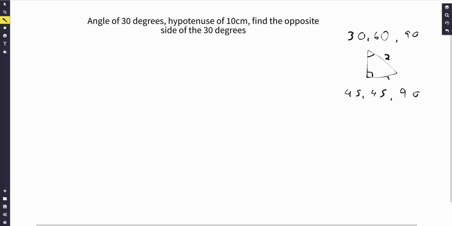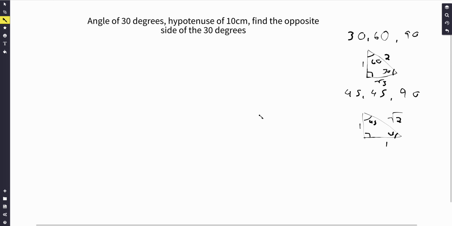It's going to be important. That's the 30, 60, 90 as we reviewed, and now the 45, 45, 90 would be that.